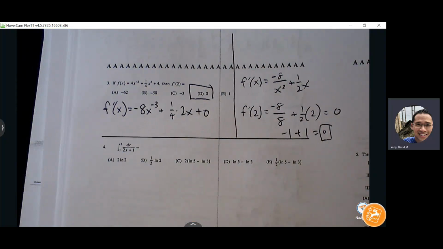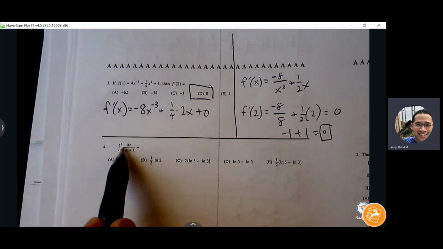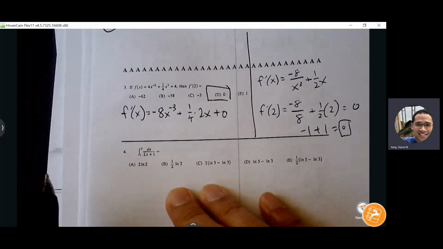Integral from 1 to 2, dx over 2x plus 1. There's a little bit of u substitution. There's too many terms in the denominator. We can't just expand and use power rule.